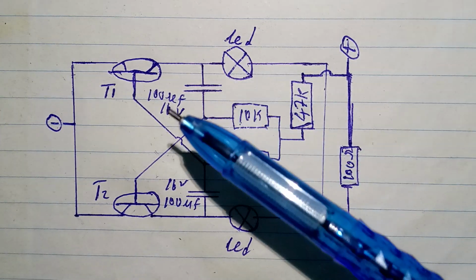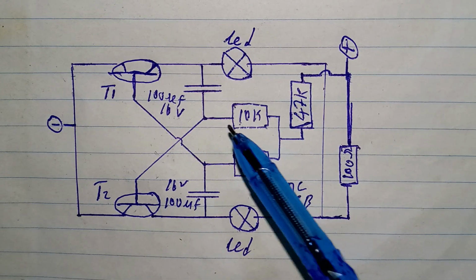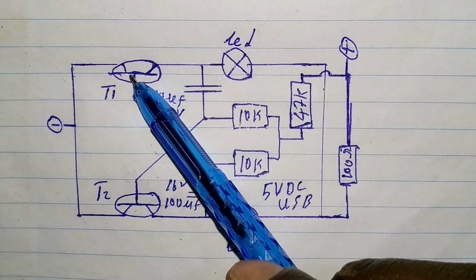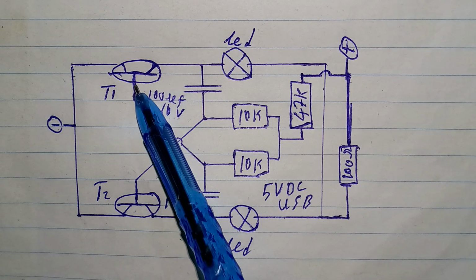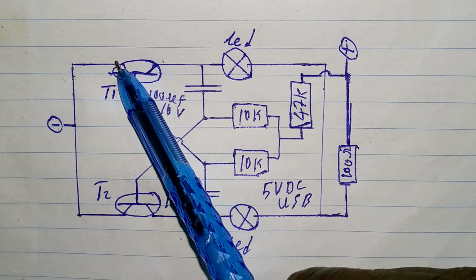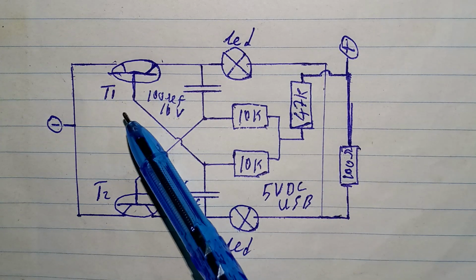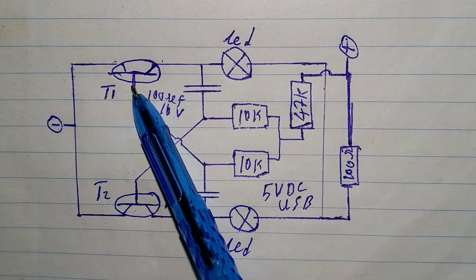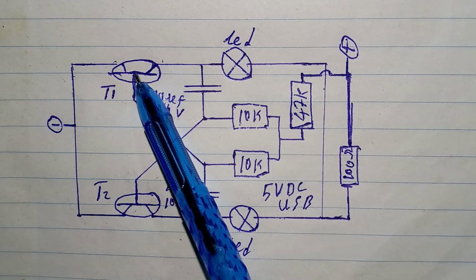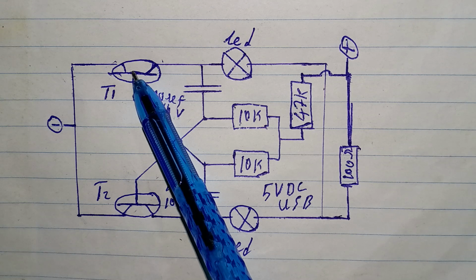Now, how does this operate? You have a transistor here. You know that this is the base of the transistor, this is the collector, and this is the emitter terminal of the transistor. Now, it's like the base is connected to the collector.